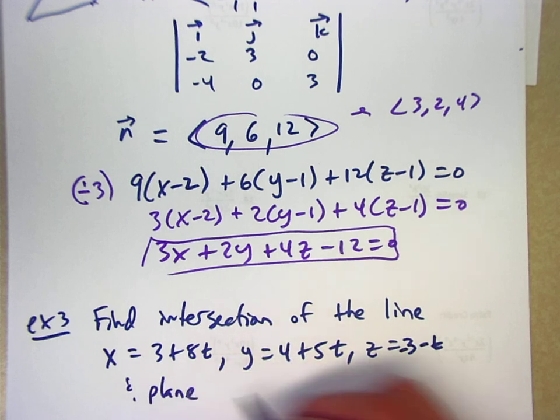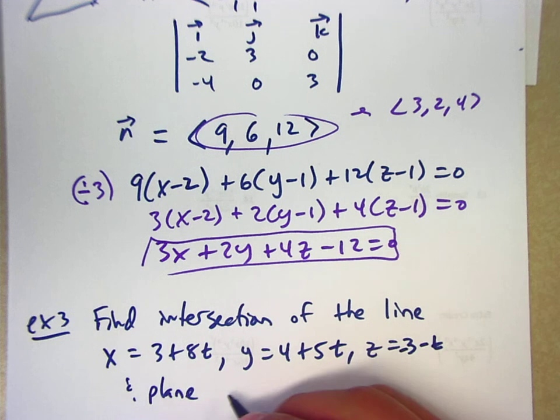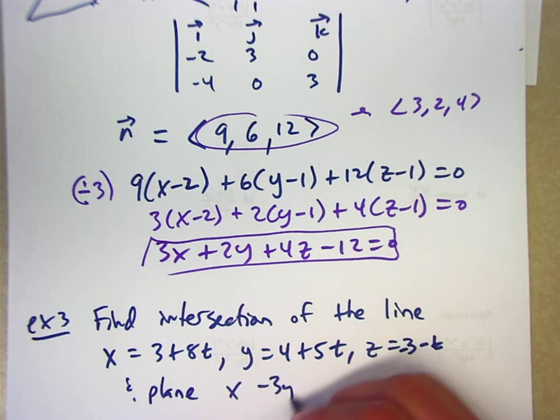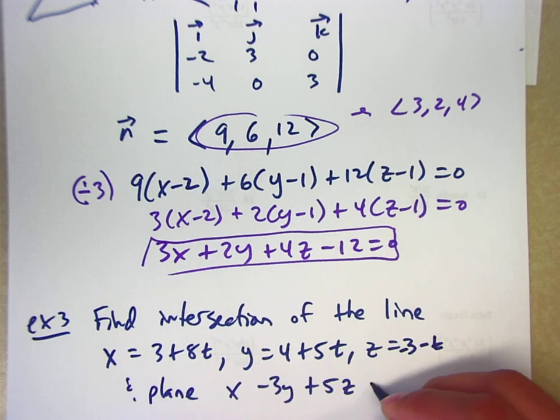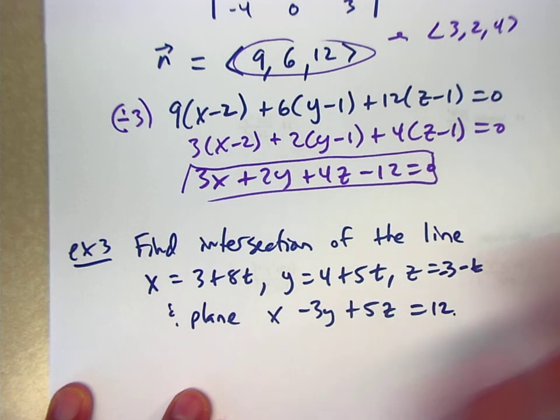So here's a parametric version of a line in 3 dimensions, and our plane equation is going to be x minus 3y plus 5z equals 12. Okay, so again, try it if you know what's going on, and if not, that's okay too.